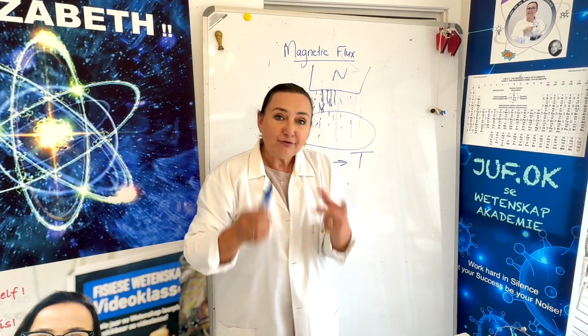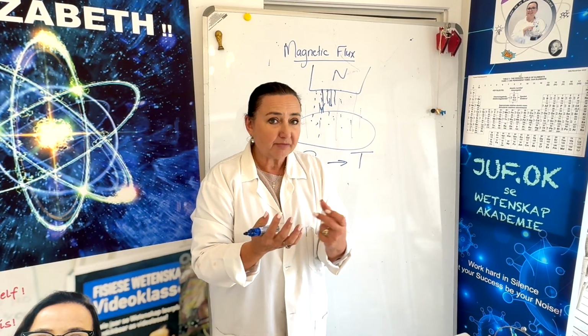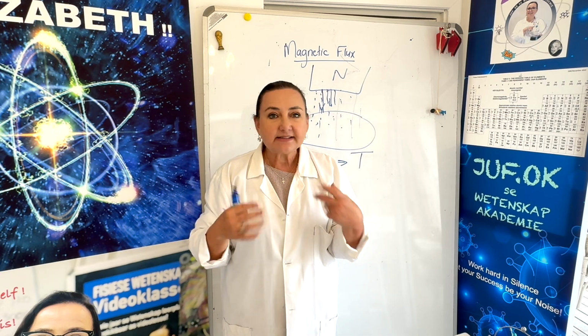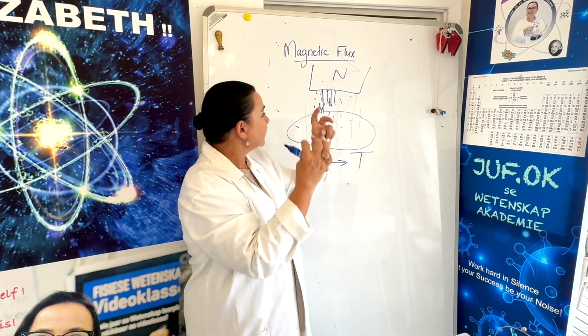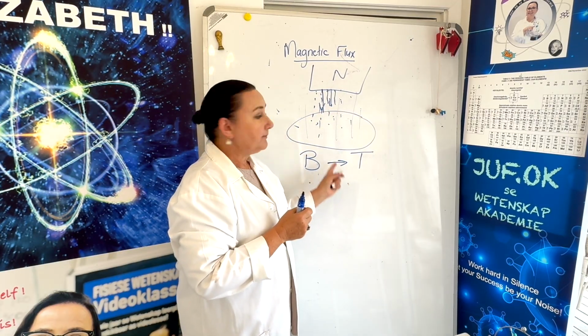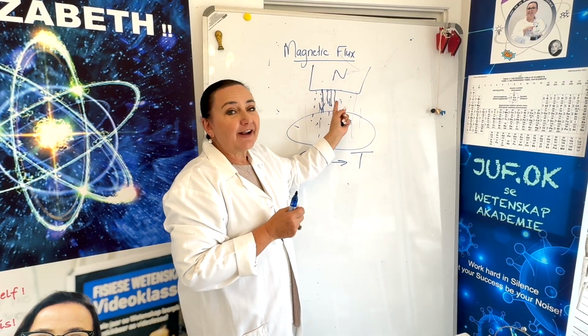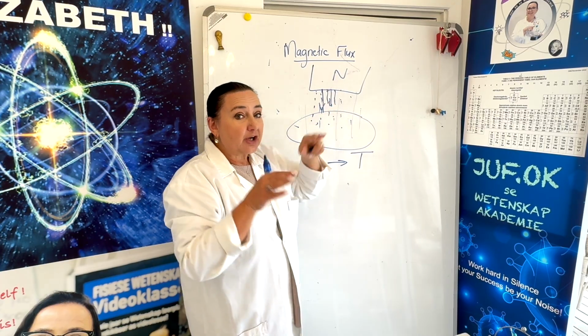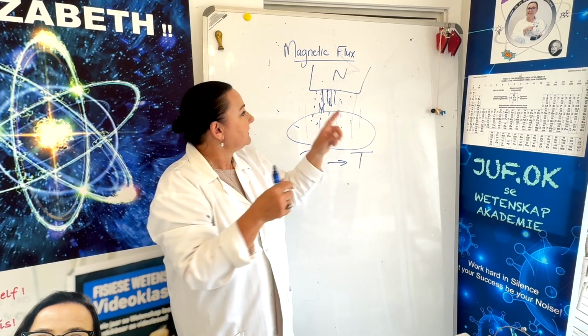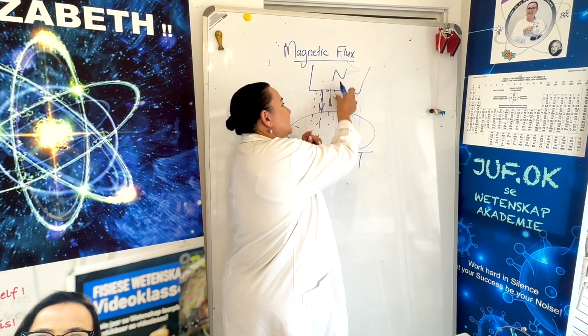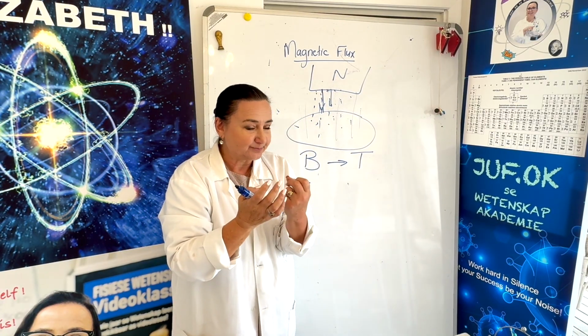So they're going to give you a magnet and say the strength of the magnet is, let's say, 4 Tesla, 5 Tesla, whatever. So the strength of the magnet is going to determine the magnetic flux density, so how many lines there are going to be. Okay, so if it's a weaker magnet, there are going to be fewer lines, so it's not going to be as dense.